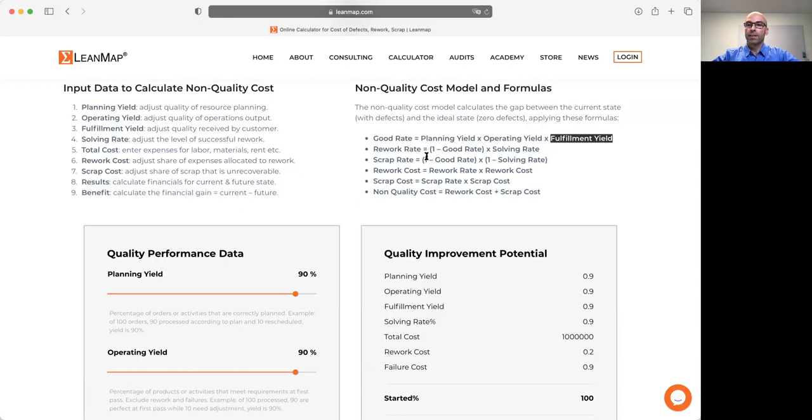The scrap rate is whatever is left that could not be reworked. The rework cost is the rework rate, so the rate of successful rework multiplied by the rework cost. And the scrap cost is the scrap rate multiplied by the scrap cost, whatever cannot be recovered. And the non-quality cost at the end is the total of rework cost plus scrap cost.